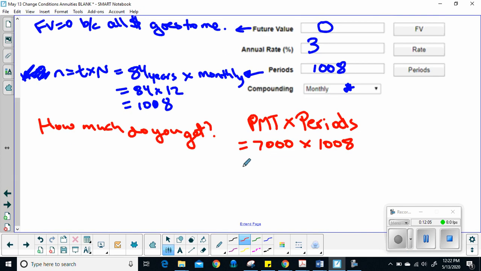So 7,000 times 1,008, like you only have to put in 2.5 million and you're going to be getting out 7,056,000 over the course of your lifetime. Huge. So not only did you win the lottery, you also made that money work for you, which is awesome.